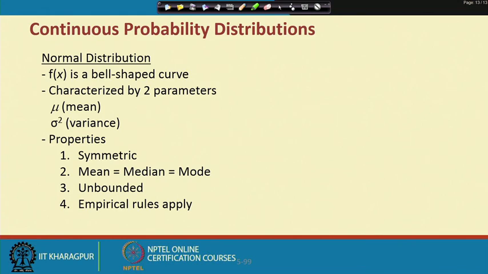A few properties are that mean, median, and mode coincide, and it is completely unbounded, and empirical rules can easily be applied. In an infinite range it is very difficult to work things out, so in that context the normal distribution is very handy to solve these problems.